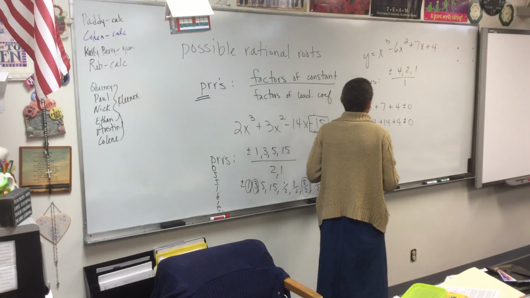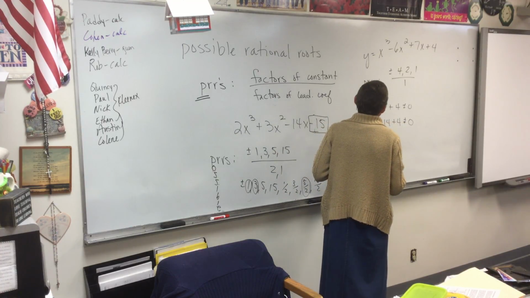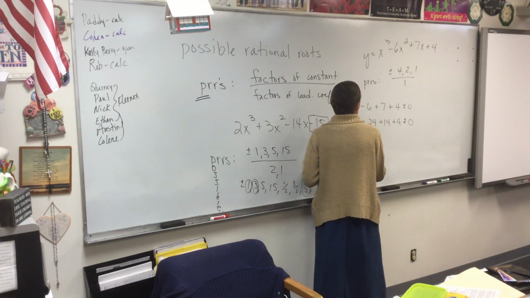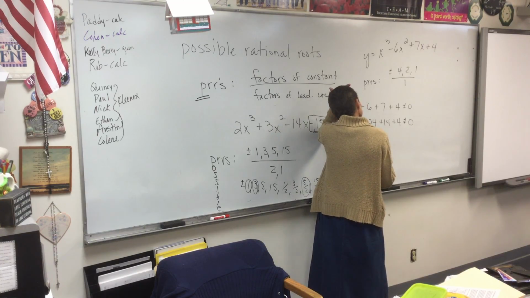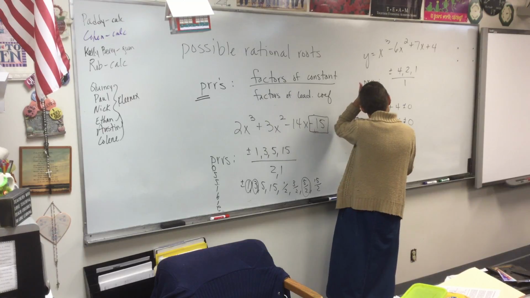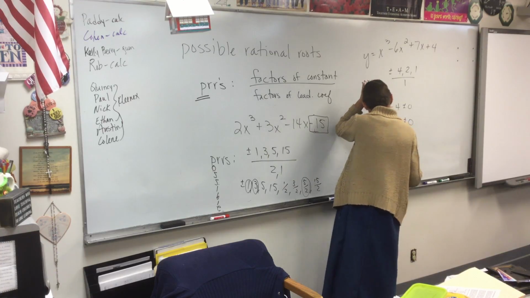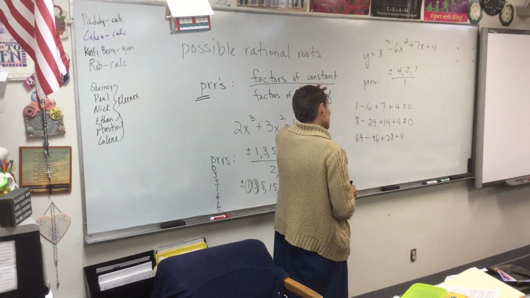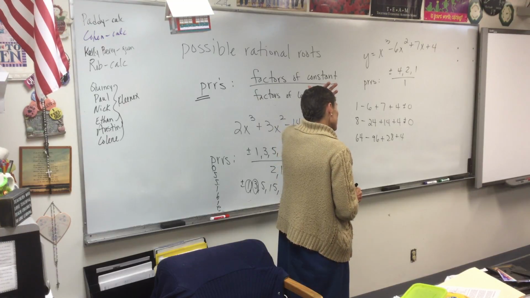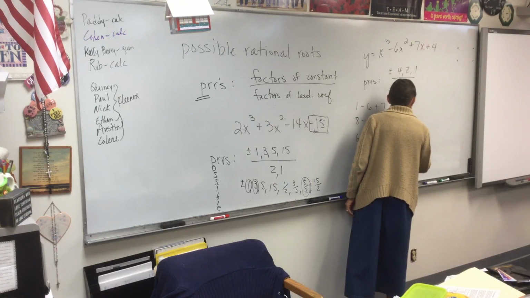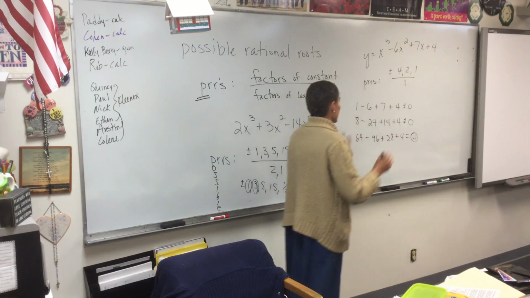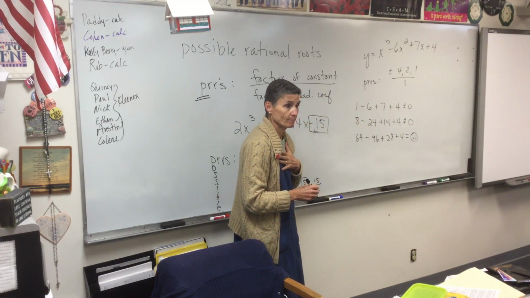All right, what about 4? 64 minus 96 plus 28 plus 4. I put 4 in. I think that equals 0, isn't it? Yeah. Okay, luckily we got one that worked.